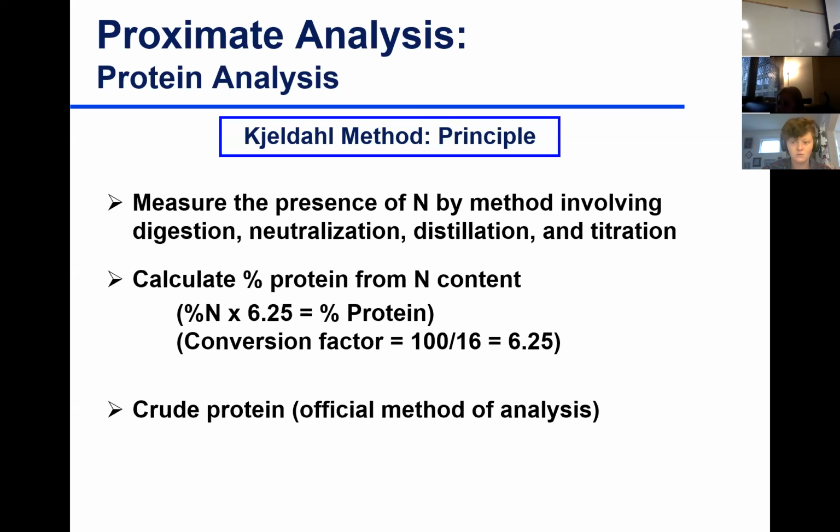It's crude protein because not all nitrogen is coming from the protein. You might have nucleic acids from DNA. Some vitamins might have nitrogen in them. You might have urea that might contribute nitrogen.